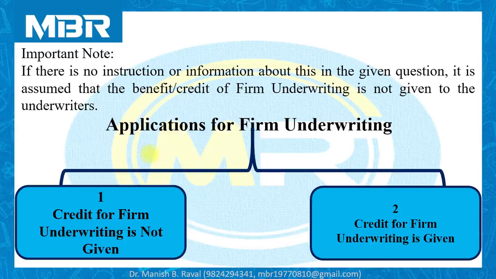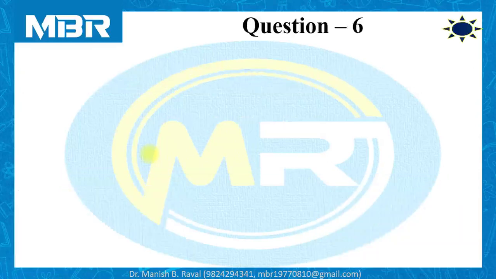Here we can calculate net liability or total liability of the underwriters using any of these options, subject to the information provided by the examiner in our question. So, for the purpose of understanding these two cases, these two situations, let us take an example.